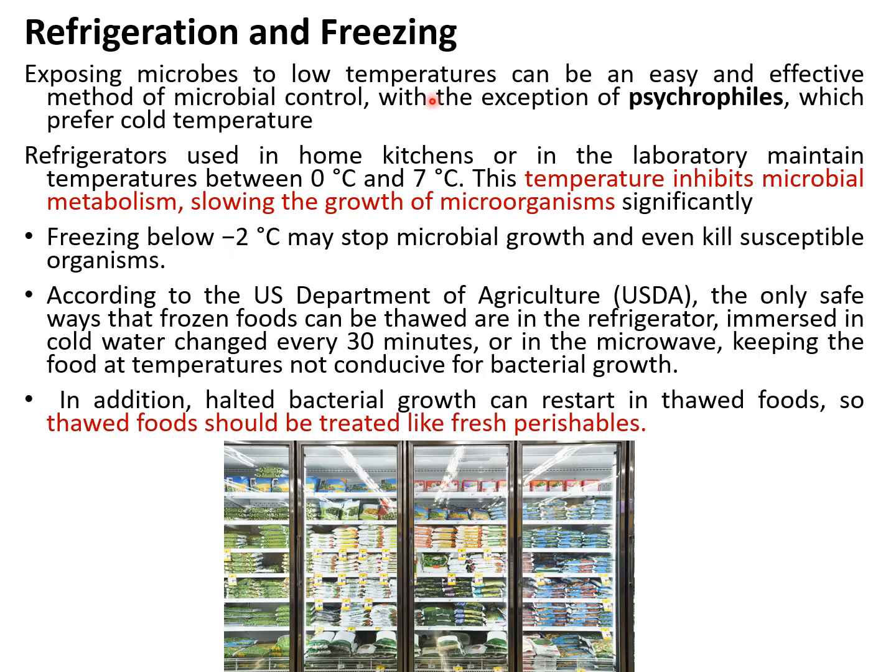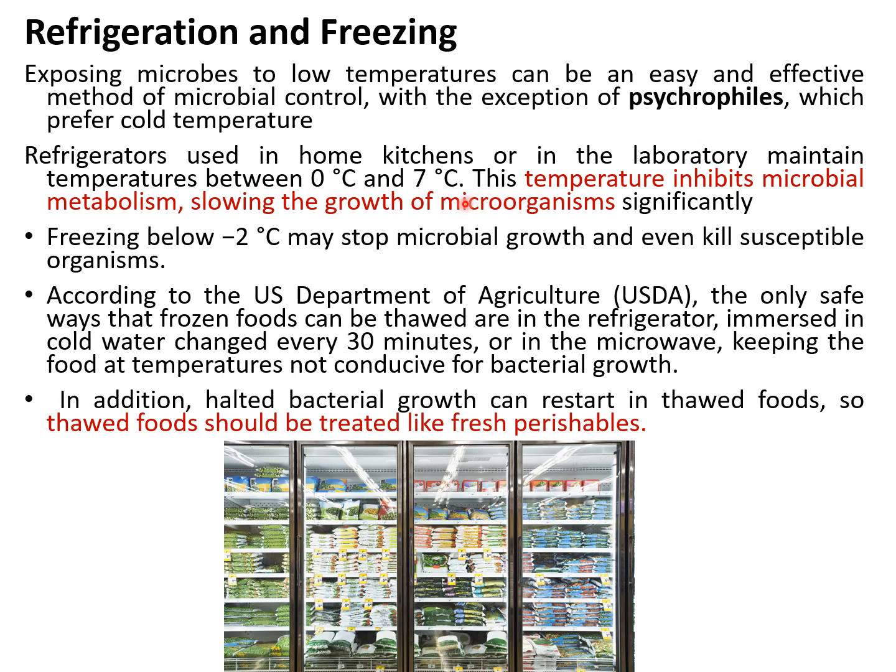Then refrigeration and freezing, which means exposing microorganisms to low temperatures. This is also an easy and effective method of microbial control. Here we may control mesophilic organisms, but you cannot control psychrophilic organisms, which prefer cold temperatures. Refrigerators which we use in the kitchen work between 0 to 7 degrees centigrade.